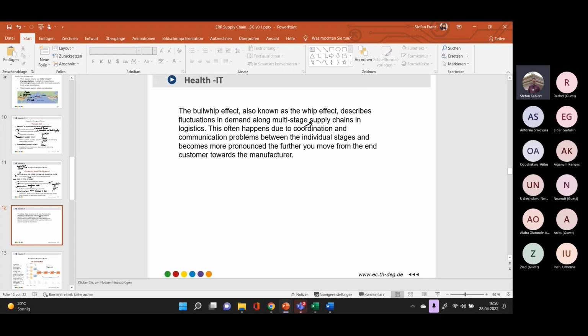So this is why companies who have good forecasting and a good ERP system in place usually do not have these problems. But if someone in the chain has a poor system, which is maybe not automated and which is paper-based, then such problems can arise.